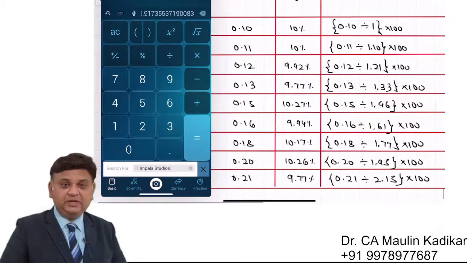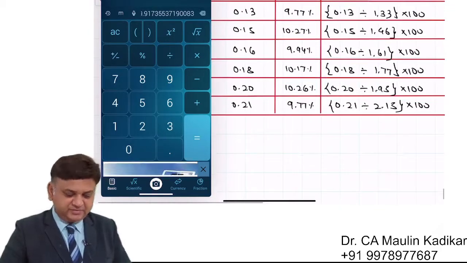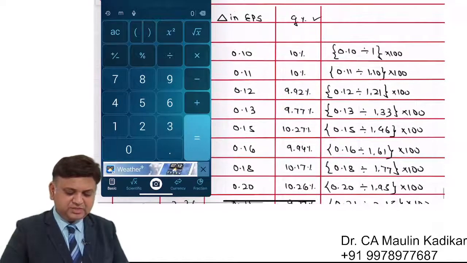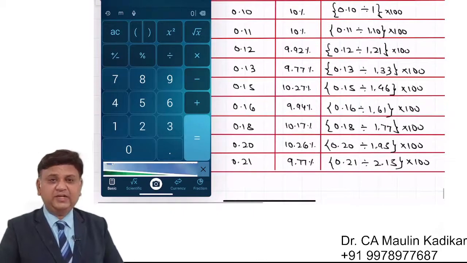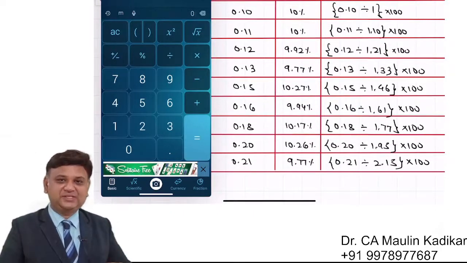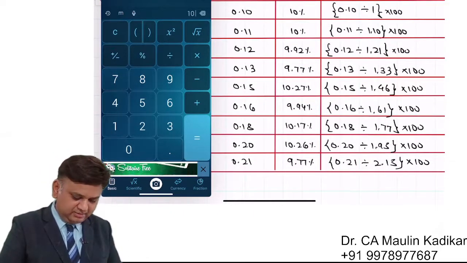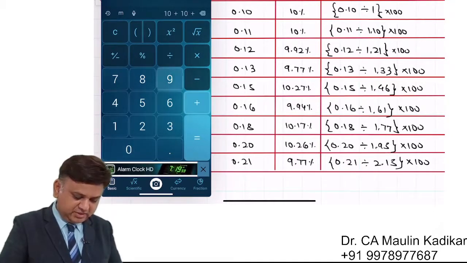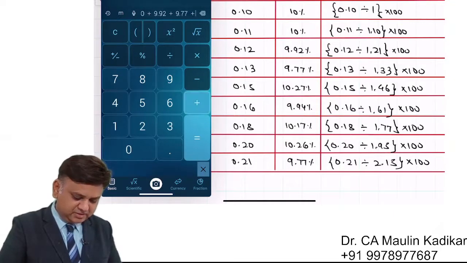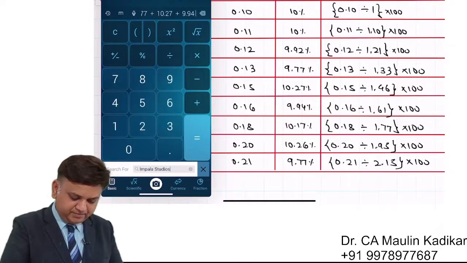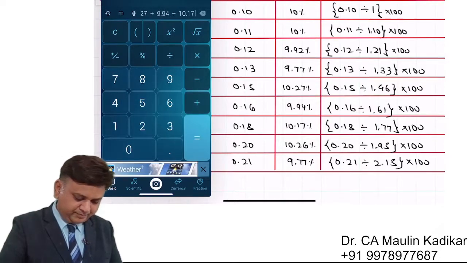This is the way we compute. Now we are having the growth rate for 9 times. So it is 10 plus 10 plus 9.92 plus 9.77 plus 10.27 plus 9.94 plus 10.17 plus 10.26 plus 9.77.